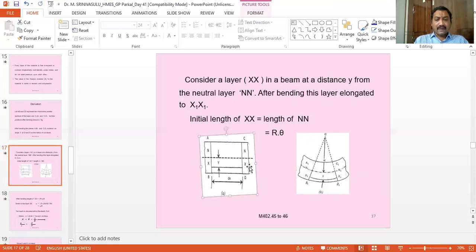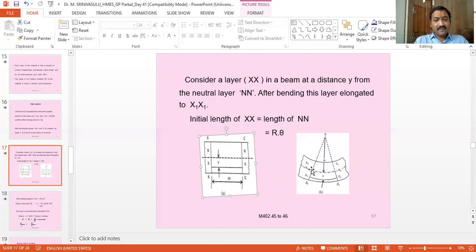And BD is the outermost layer before bending. Now here BD will become B1 D1 after bending. Now here this is the neutral axis NN.